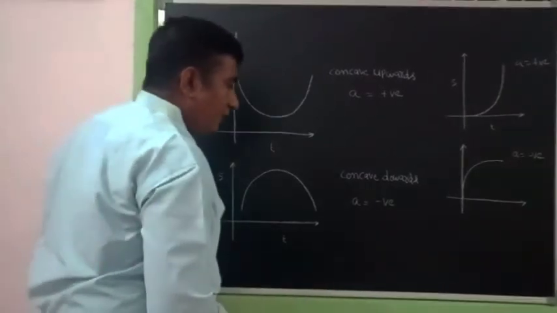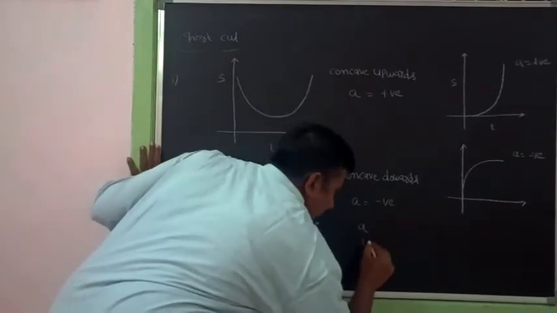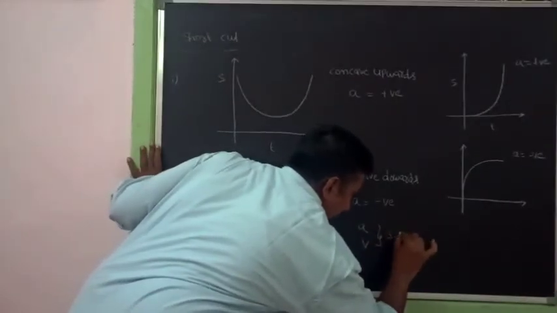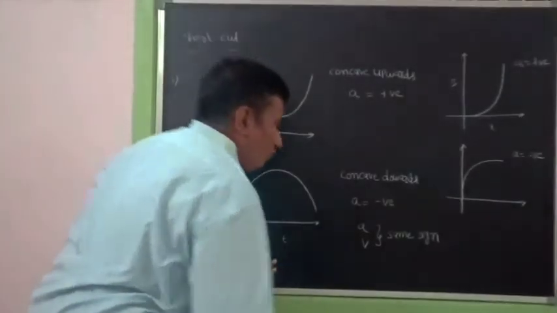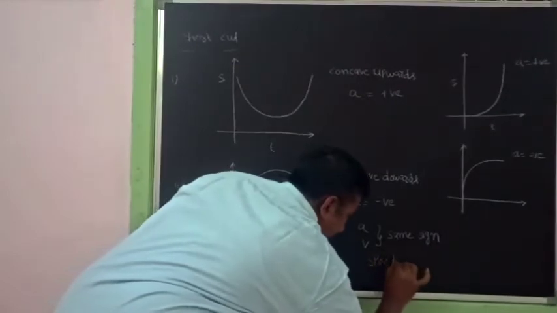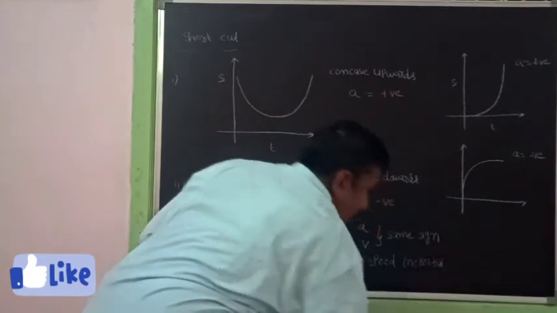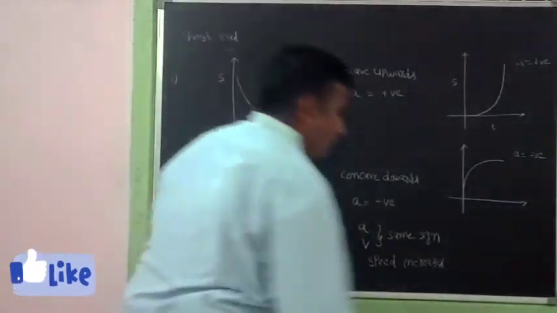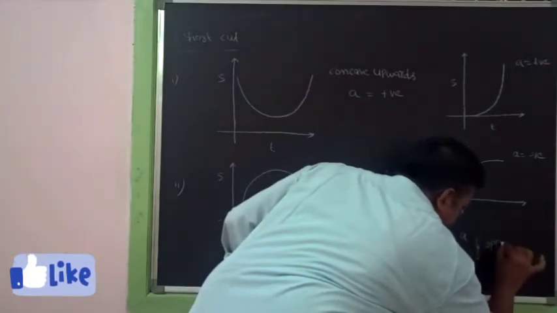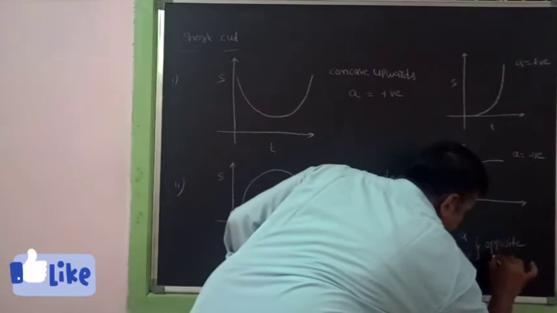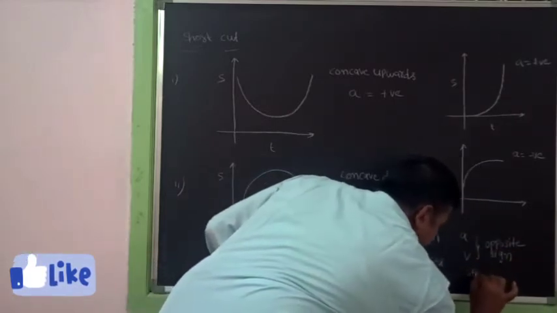Finally, whenever acceleration and velocity have the same sign, speed increases. Whenever acceleration and velocity have opposite signs, speed decreases.